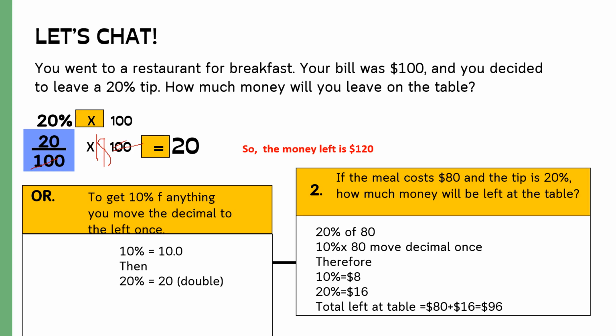Once to the left, right? So that would be 8. So 10% of 80 is $8. Now 20% would be what? You would have to double it. So 8 plus 8 is 16. So the total left at the table is 80 plus $16, which is $96.